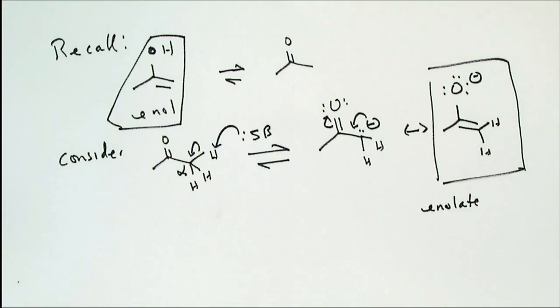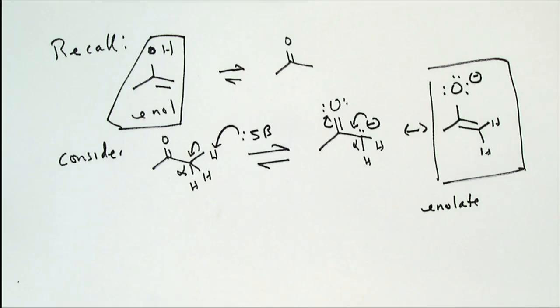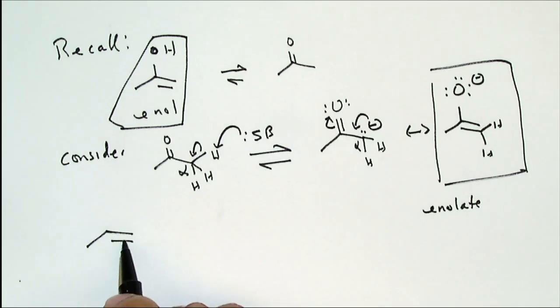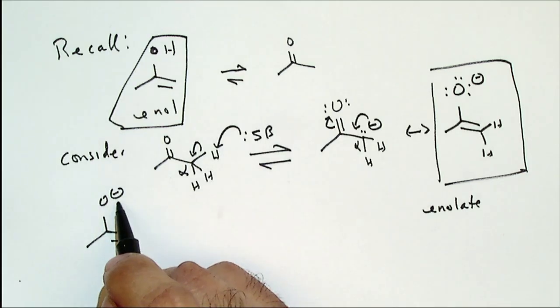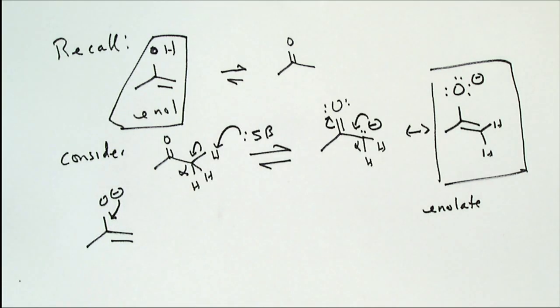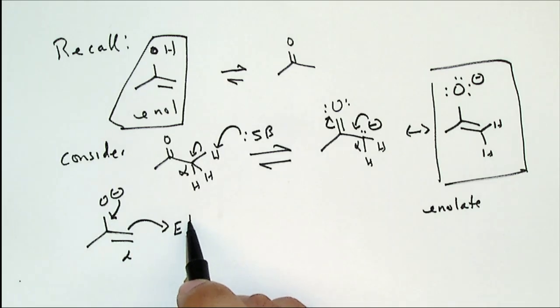Now, the key to what we are about to do here is to consider that the enolate therefore has the alpha carbon being quite nucleophilic, because what happens is, here is my enolate. I have an O minus. Now, when this reforms the carbon-to-oxygen double bond, it means this carbon, the alpha carbon, is now nucleophilic and can take these pi electrons and reach over and attack any electrophile.